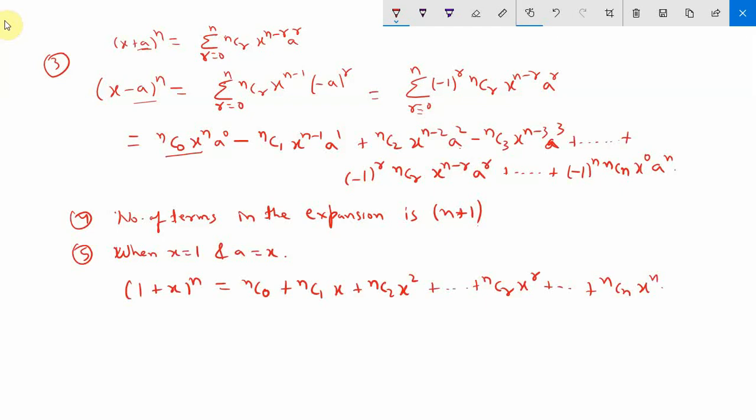Okay, next, when we put x equal to 1 and a equal to minus x, what we will get? 1 minus x to the power n equal to nC0 minus nC1 x plus nC2 x square.